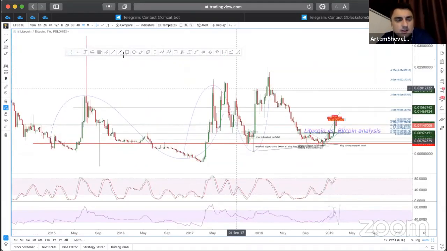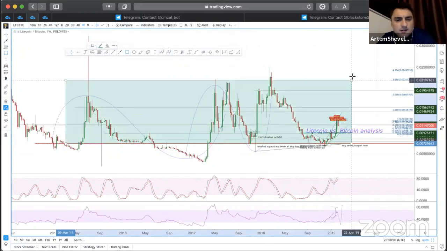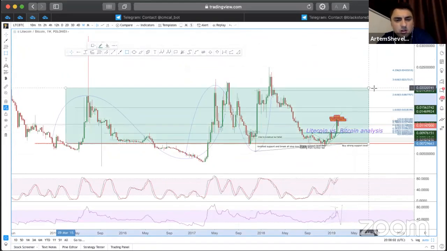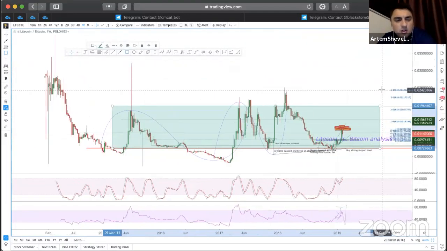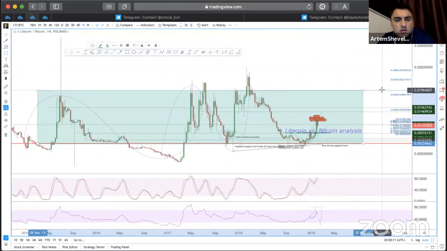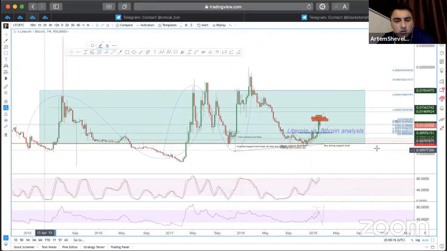In this chart, you can see that the price of Litecoin is going in a really strong and big flat range. See this? It's a flat range with some supports here.